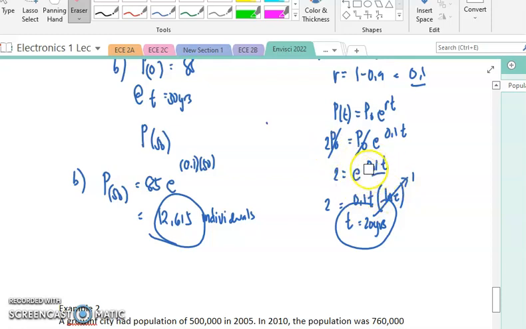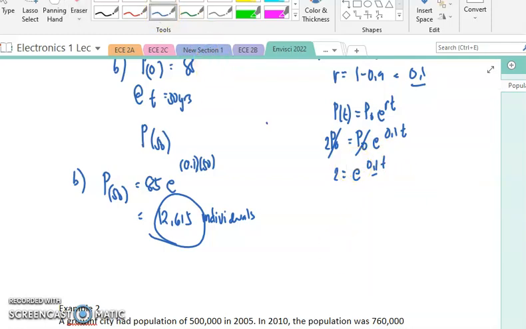In order for us to bring down t, there must be a ln. So if we perform ln at the right side, there must also be a ln at the other side. So this is ln 2 equal to 0.1 t ln e.